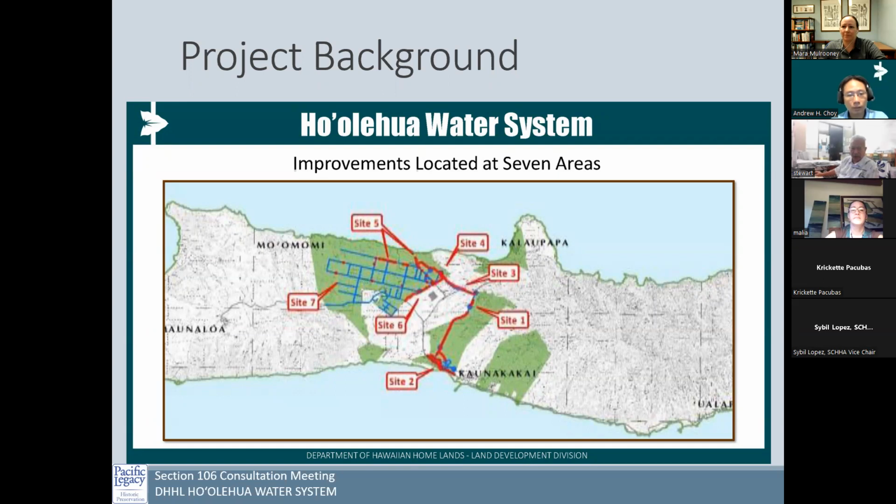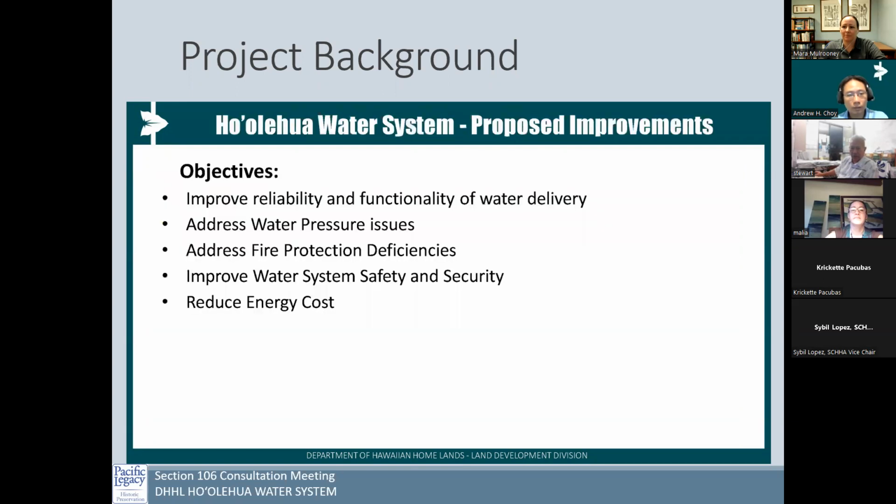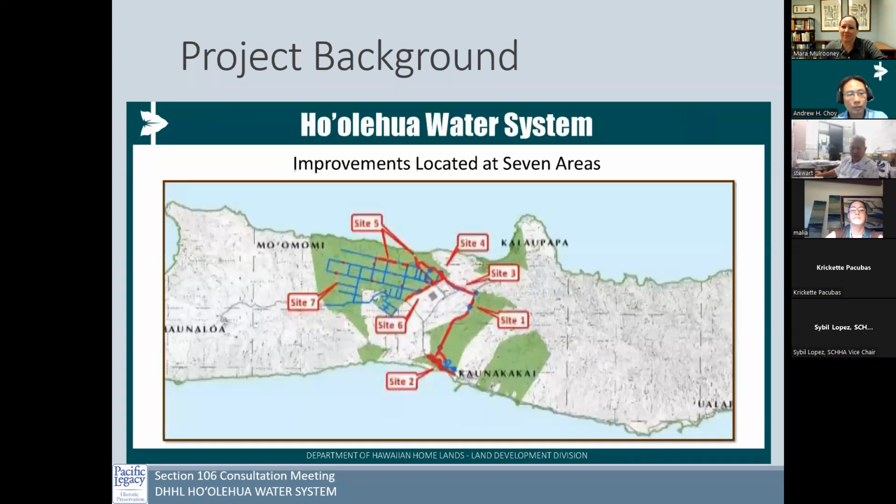It involves improvements to the water line, improvements to various storage tanks, and also construction of a new base yard building in Site 7, where the current base yard is located.